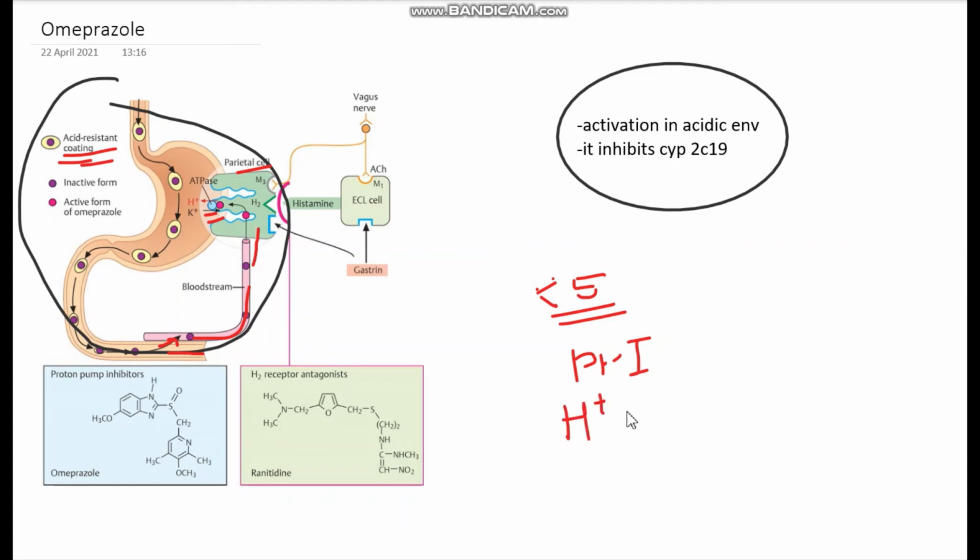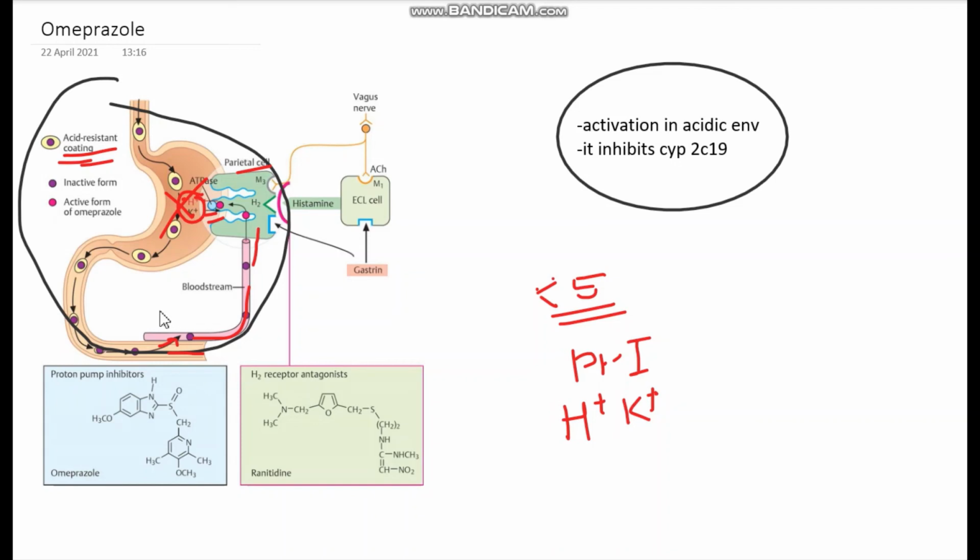And when the H plus K plus ATPase pump is inhibited, it will reduce the acidity in the stomach, and this is how you will be relieved of the peptic ulcer symptoms or gastroesophageal reflux symptoms.